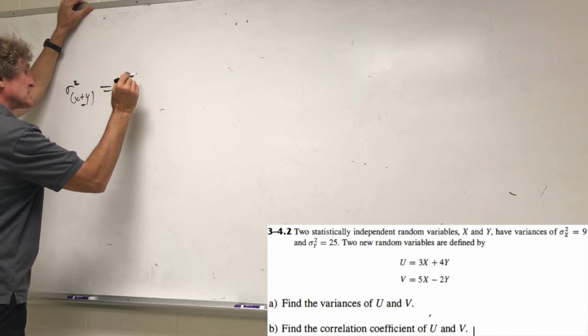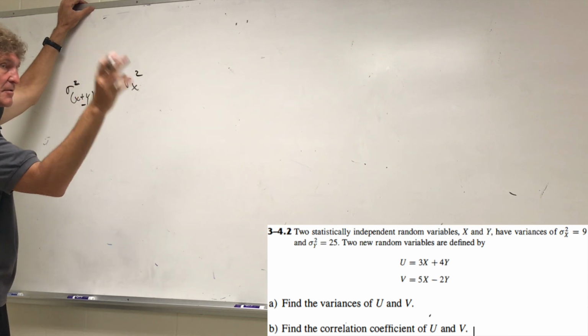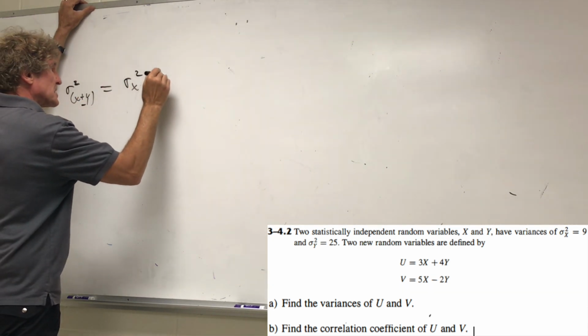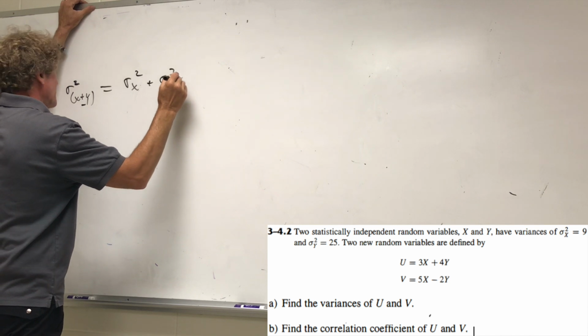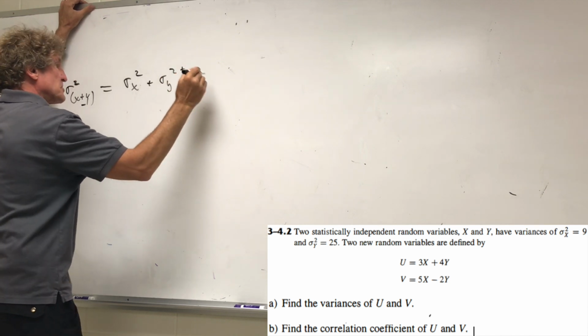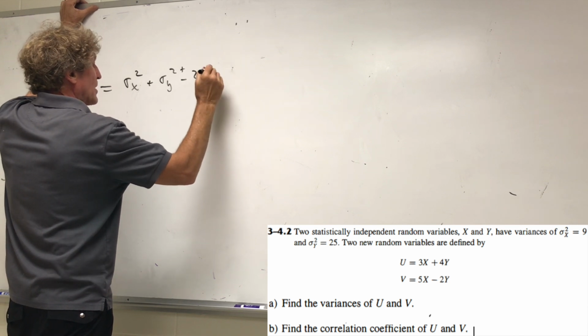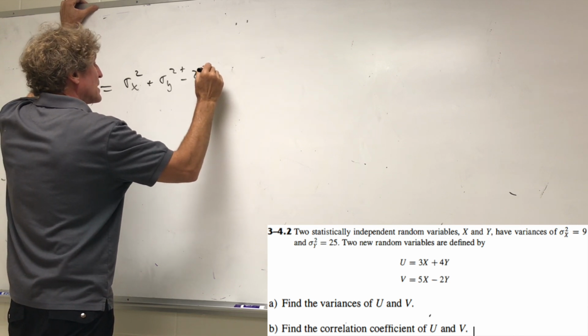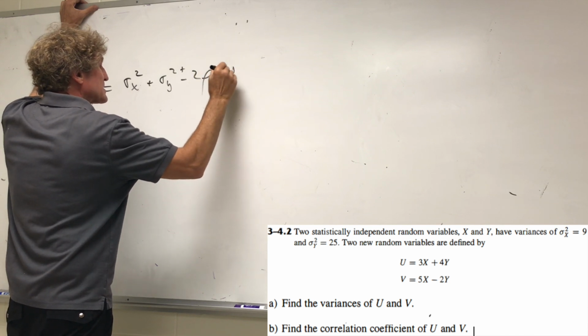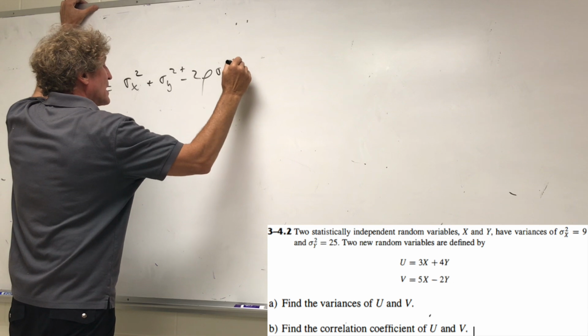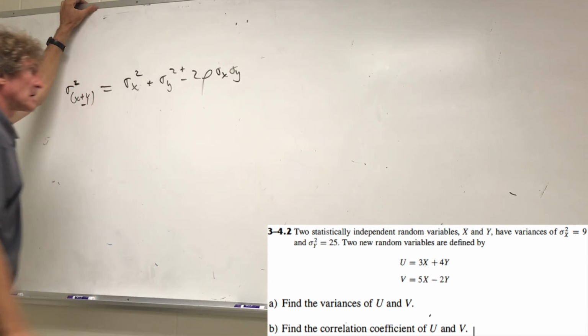We're going to change this in a second to take into account everything. Plus sigma y squared. And then it's going to be plus or minus 2 times the correlation coefficient, right? And then it's going to be, so you got that, plus or minus 2 rho, sigma x, sigma y. That's it. Can you all see this?